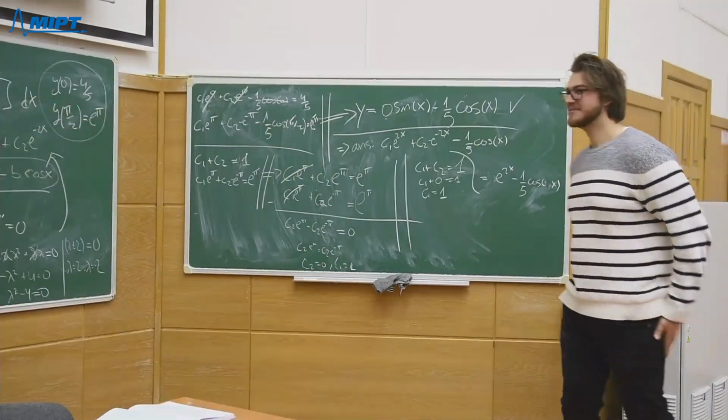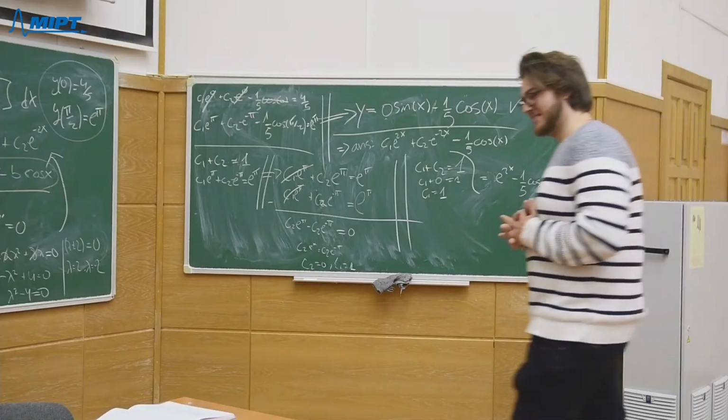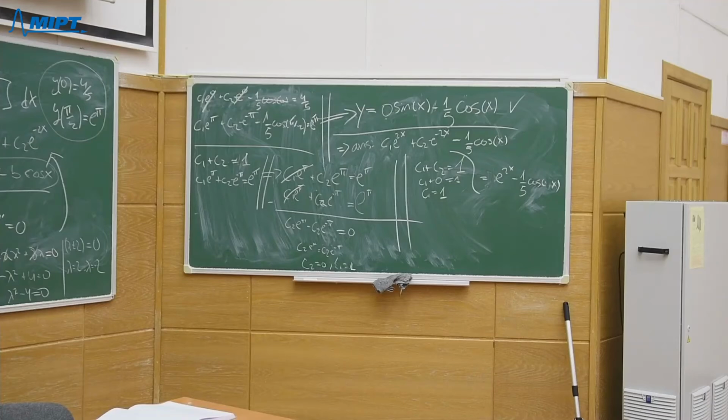Well, let's prove it with the follow-up. He tried to prove that his function y equals 1/3 e to 2x is actually a minimizer. So find the difference, and subtract this. Yes, I think it's okay.